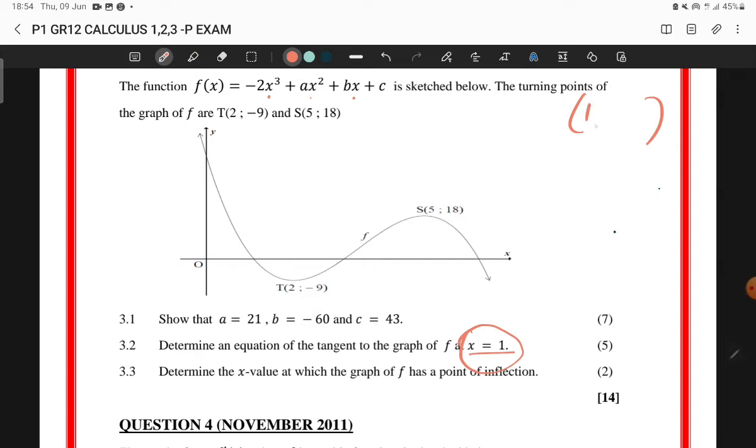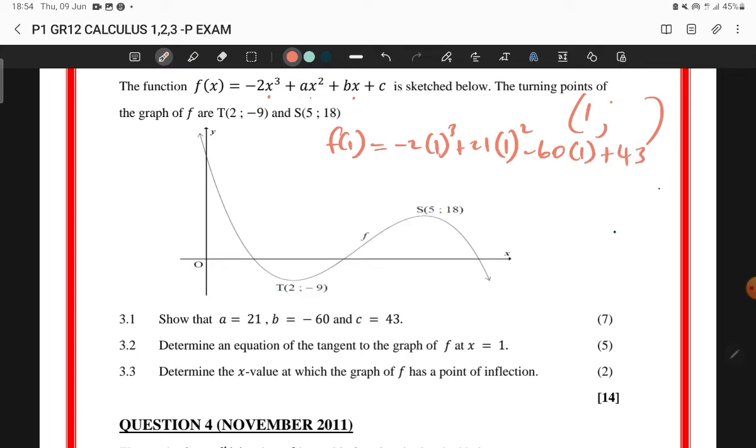So when x is equal to 1, what is the value of y? You really need to know that point. So let's use this equation. f of 1 is equal to negative 2 times 1 cubed, plus 21 times 1 squared, minus 60 times 1, plus 43.